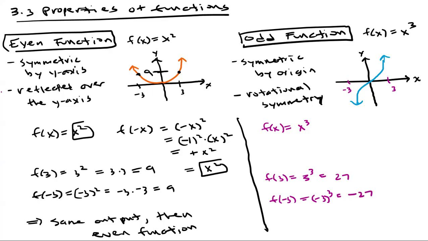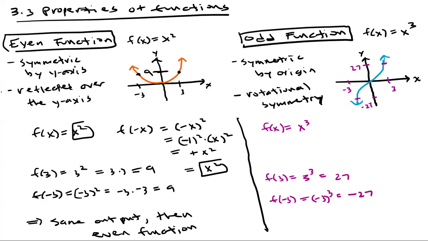So here at 3, somewhere up here, we get 27. We plug in negative 3, somewhere on here, we get negative 27. Okay, so notice then we have a positive and then we have the opposite, negative 27.